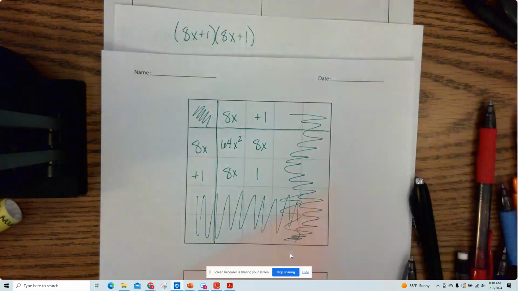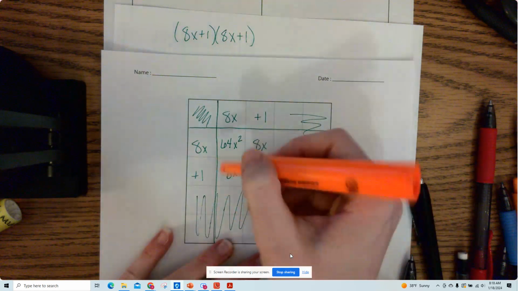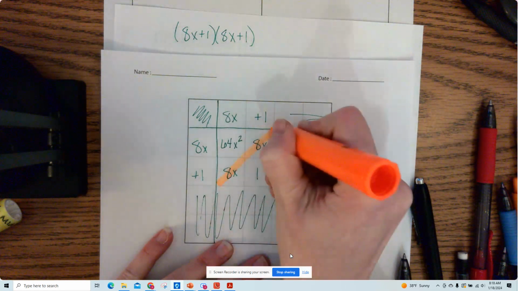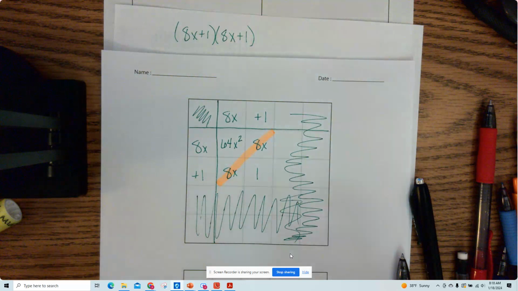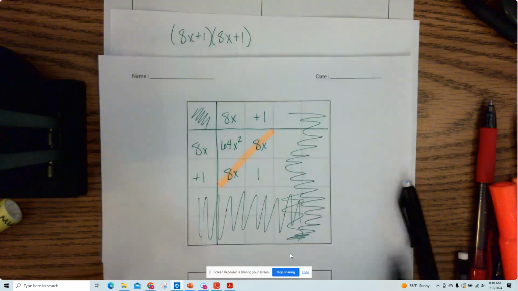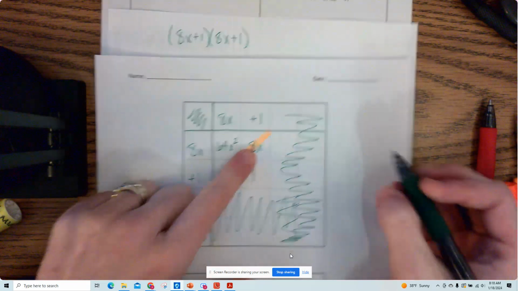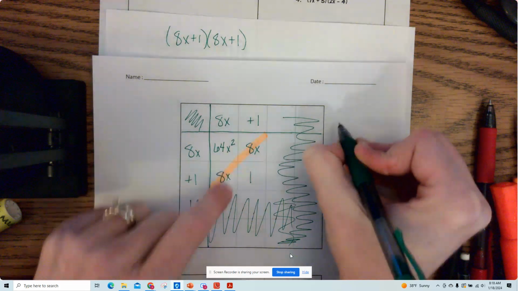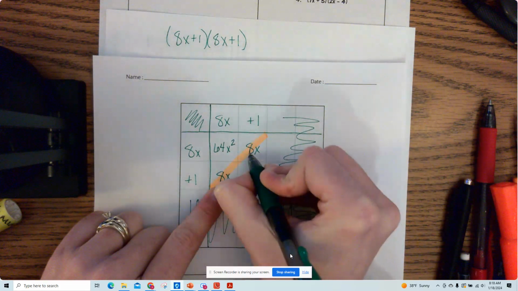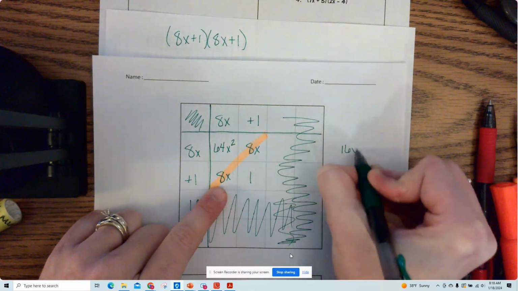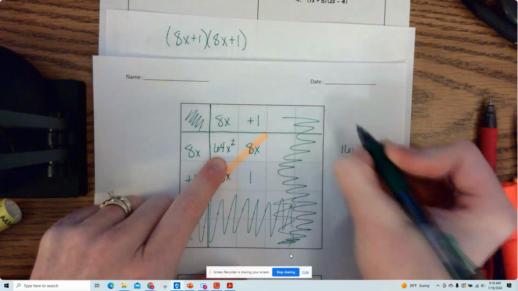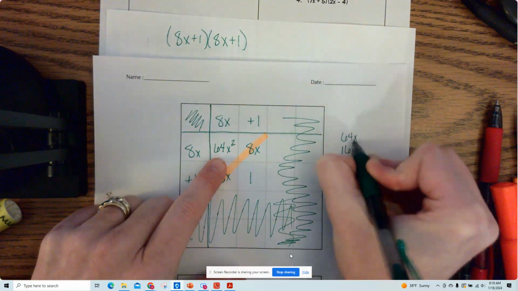Cool thing about the box method, any diagonal that you have, catty corner, right? Your like terms will line up in it. So you can kind of see everything that needs to combine. So 8x plus 8x. Add the coefficients. 8 plus 8 is 16x. Nothing to combine this with, 64x squared.